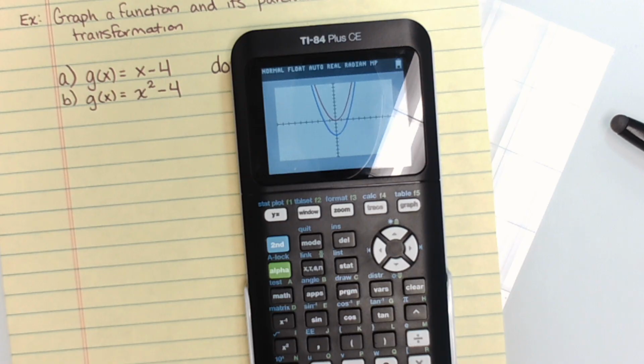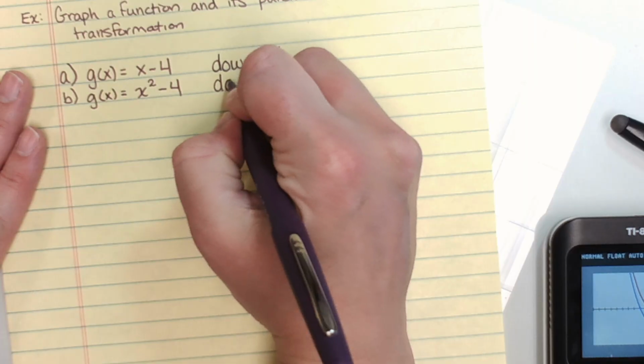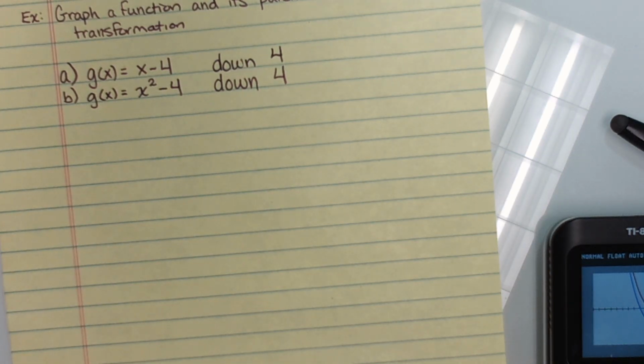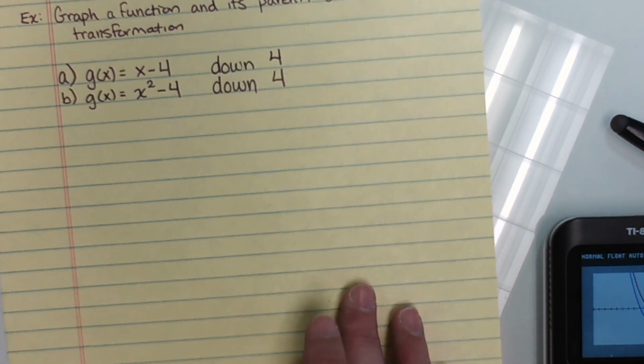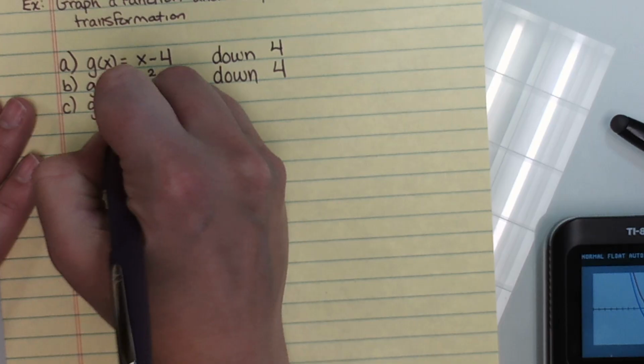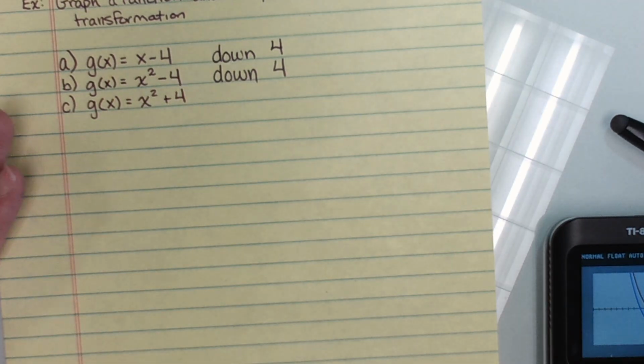The one that hits 0, 0 is the original. How does it appear to have changed? Translated, how far in what direction? Again, it went down 4. Which means this minus 4 probably always seems to move it down 4. What if, instead, and this time I'm going to leave it x squared so we don't have to change that piece, I did plus 4. What do you think it's going to do?